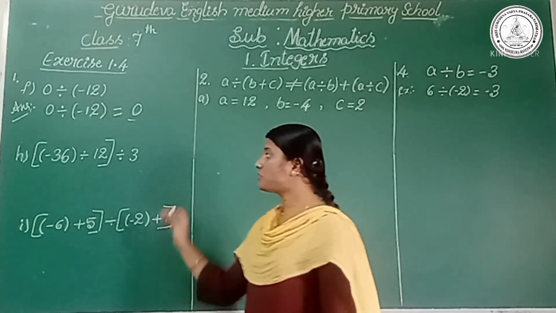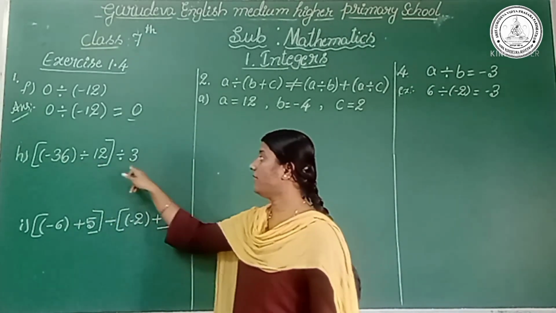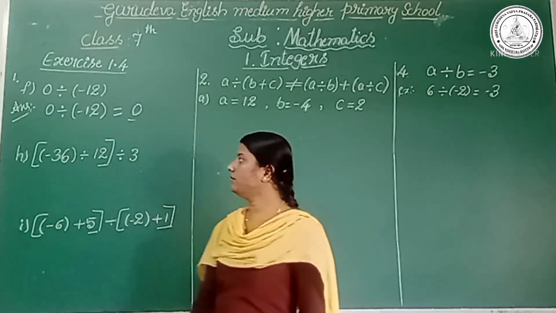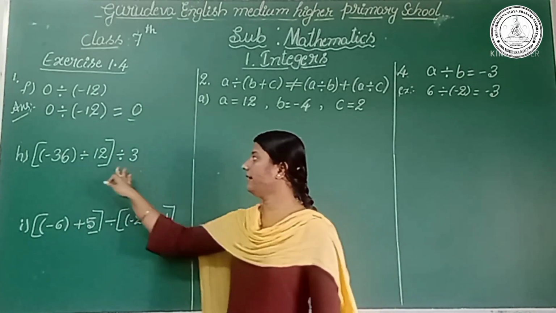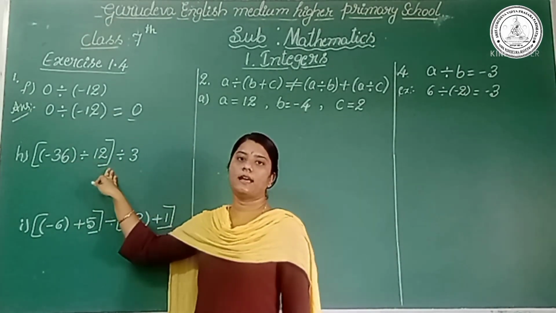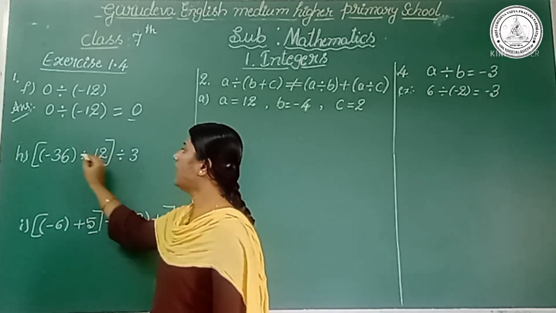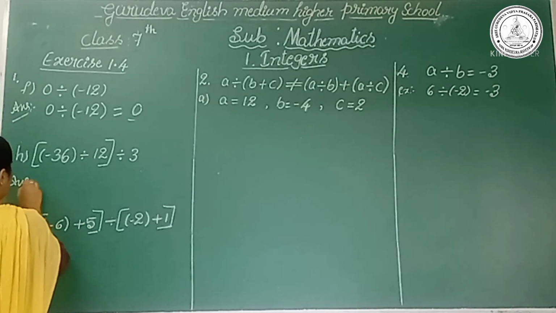Okay. Then the next question is minus 36 divided by 12, divided by 3. Okay. So first you remove the square bracket by dividing 36 by 12. So first divide 36 and 12 as whole numbers, then keep the sign.